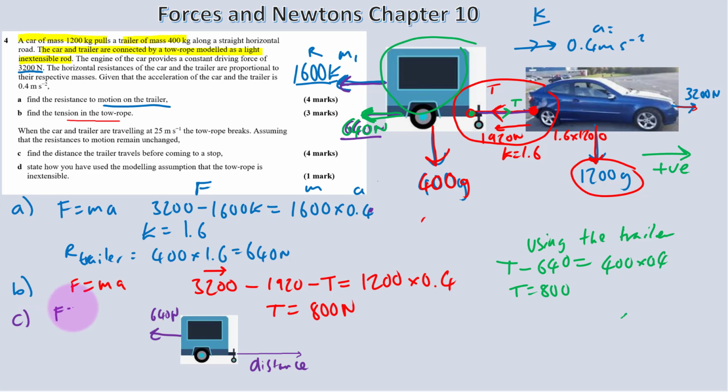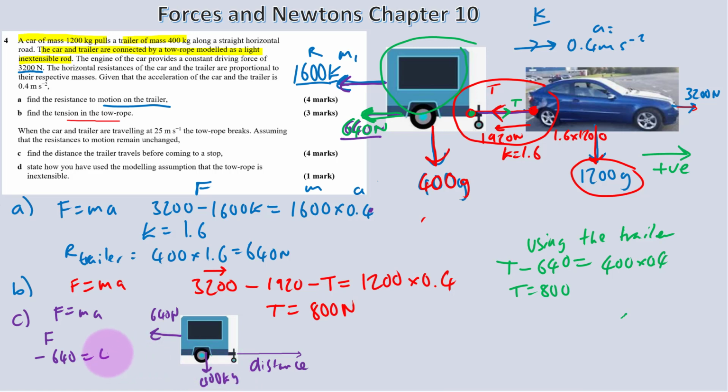We're still using F equals ma. The forces here will be minus 640. Now the mass of the trailer, because we're only talking about the trailer, is 400 kg.